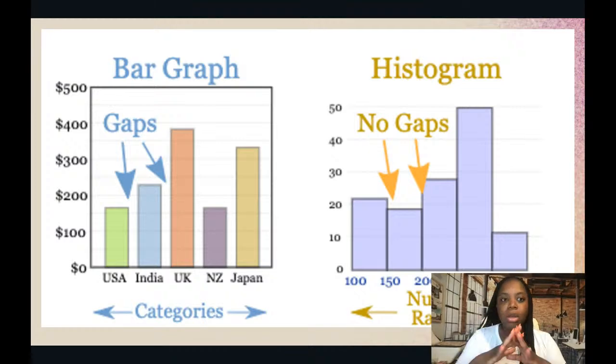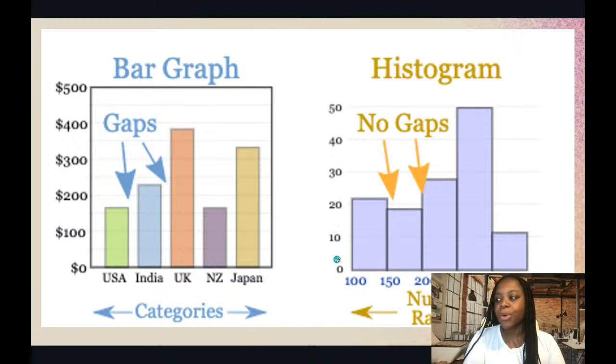So if for some reason on your exam that day, you see this image and the bars are stuck together, I want you guys to just think histogram, okay? Also, another unique thing about these two, or the differences between these two, is the histogram is going to have frequency on its y-axis.